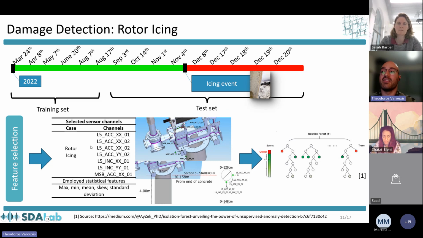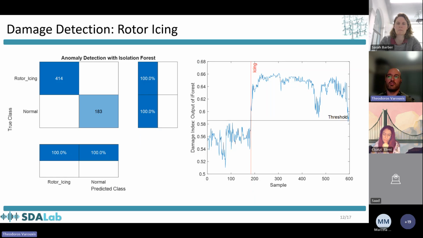We used exactly the same sensor channels and features, and we inputted them to an isolation forest algorithm. The results of the isolation forest are more than satisfactory, with the binary classification being perfect.